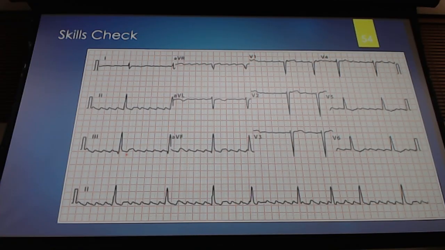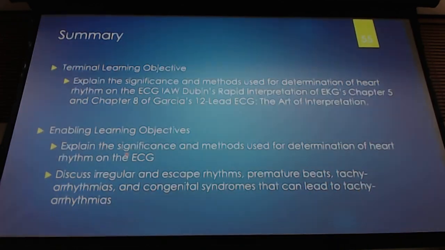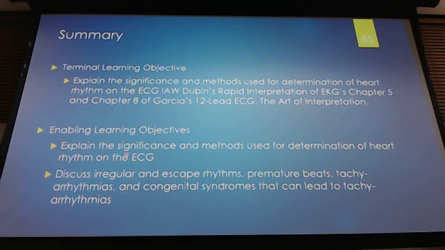But for testing purposes, we use different types. So this is A flutter with variable block. Our other options would be atrial fibrillation or multifocal atrial tachycardia. We don't see clear P waves, so it's not multifocal atrial tachycardia. And we don't see fibrillatory waves. We see flutter waves in between these QRS complexes. All right, that's it.